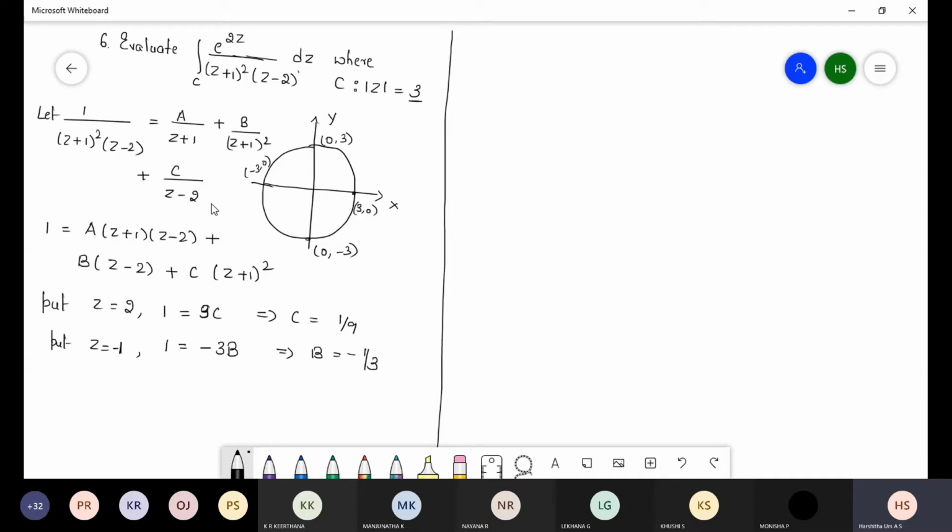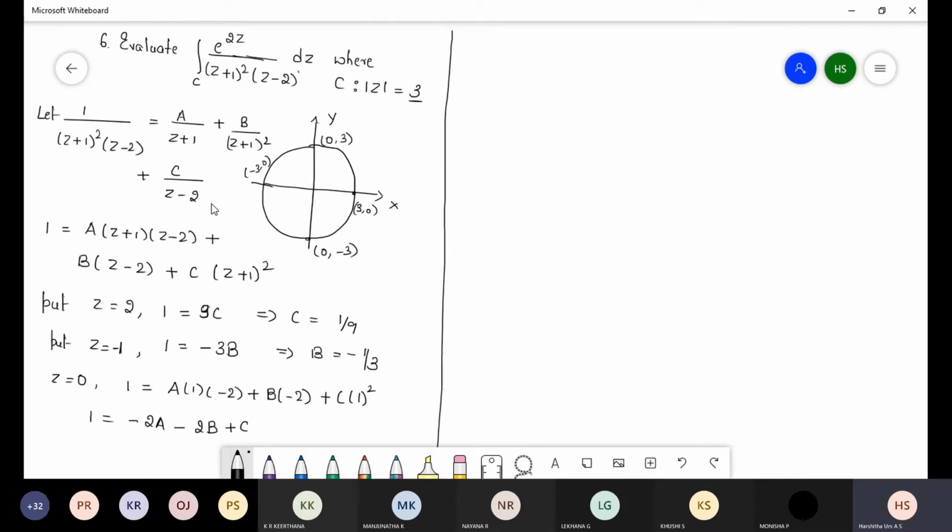Now put z is equal to 0. So we get 1 is equal to a into 1 into minus 2 plus b into minus 2 plus c into 1 whole square. So 1 is equal to minus 2a minus 2b plus c.